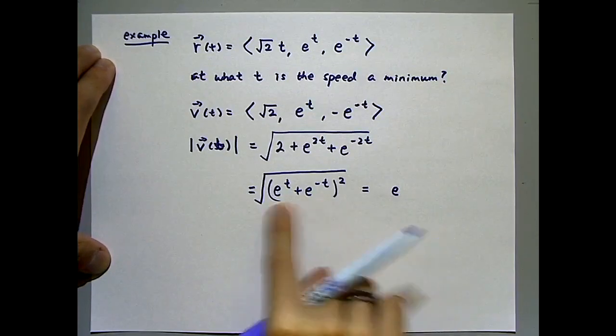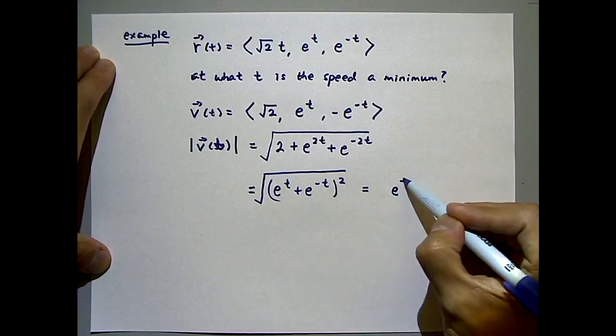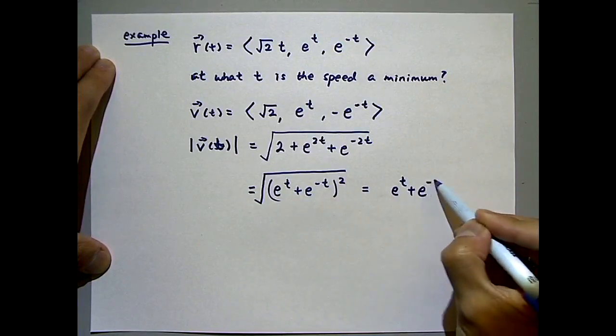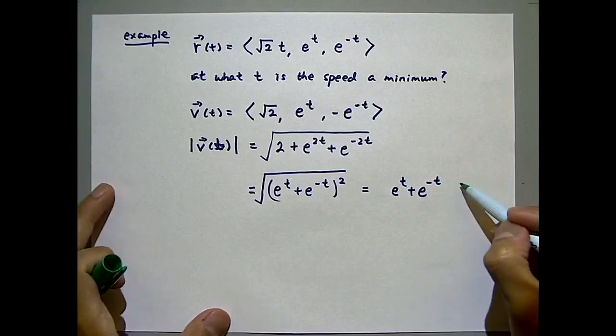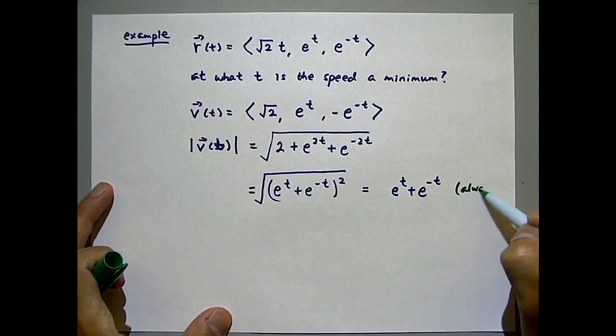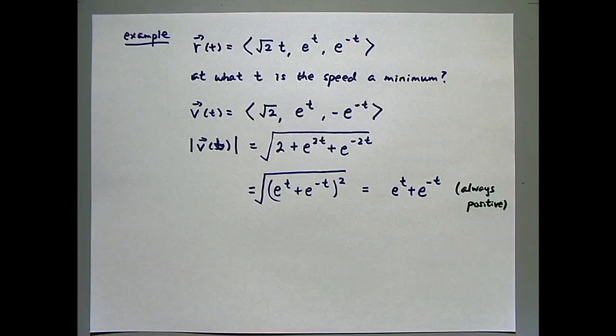And you know from Calc 1, exponential functions are always positive. So this ends up being our speed. Always positive. Okay, so let's.